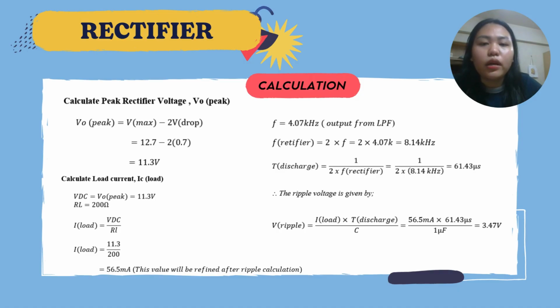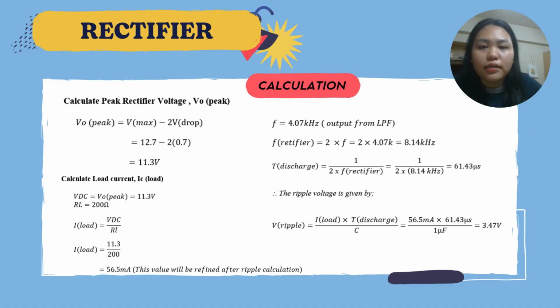And now we calculate the ripple voltage, which tells us how much the voltage fluctuates due to capacitor charging and discharging. The formula we use is V ripple equals I load times T discharge divided by C, which is the capacitor.